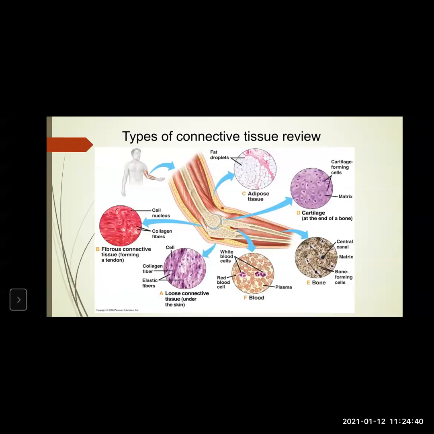Now, what is the function of this bone? The bones, first of all, provide support to the entire body. We can stand, we can walk, we can perform any movement only because of the joints of these bones.